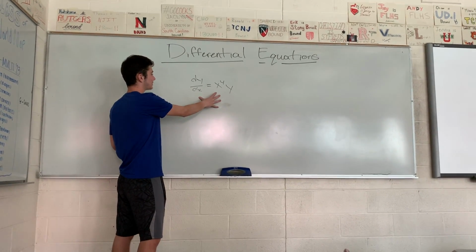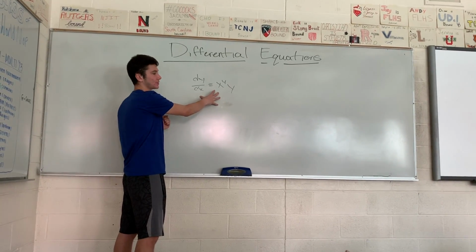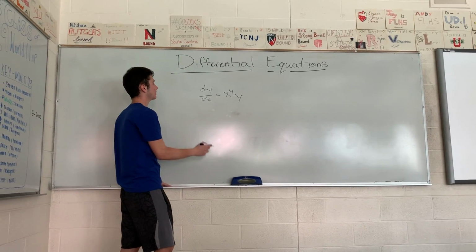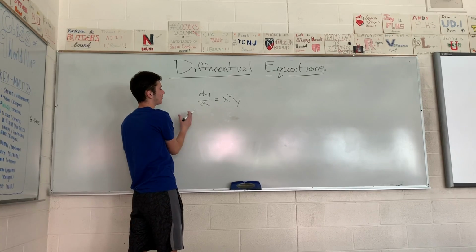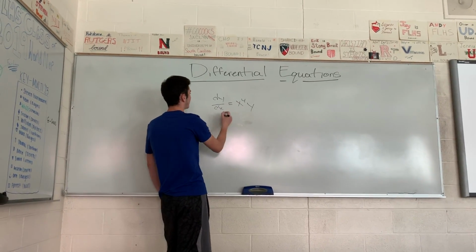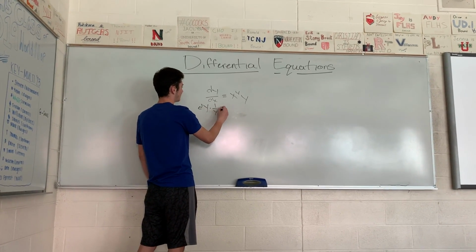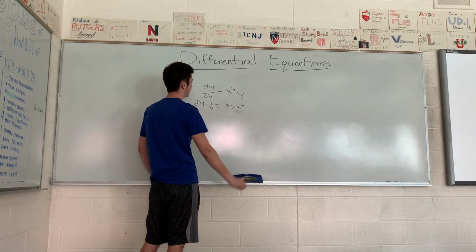And what we're gonna do to this is we're gonna basically be working backwards to find what the original function was. So the first step to do this is you're gonna separate. So you see how there's x's and y's? What you wanna do is get them together, the y's together and the x's together. So you're gonna do dy times 1 over y equals dx x to the fourth.